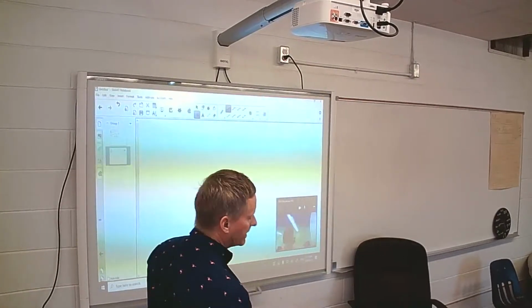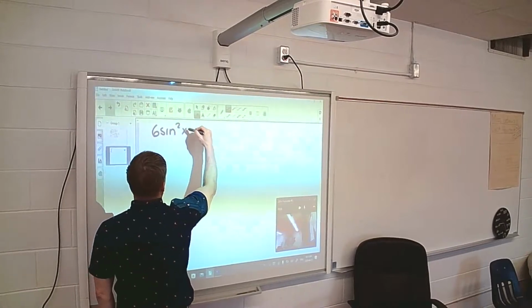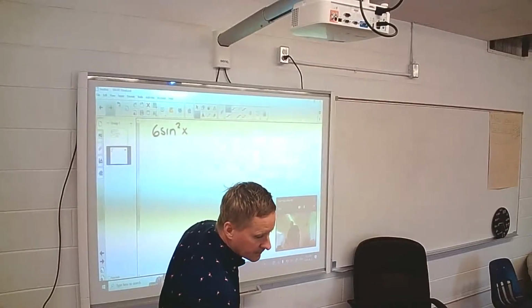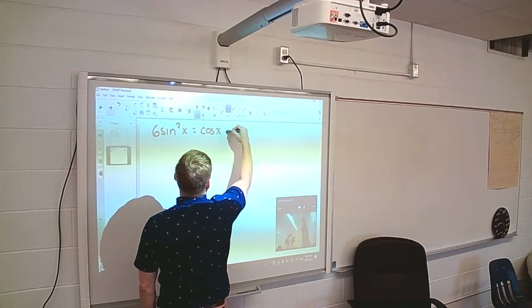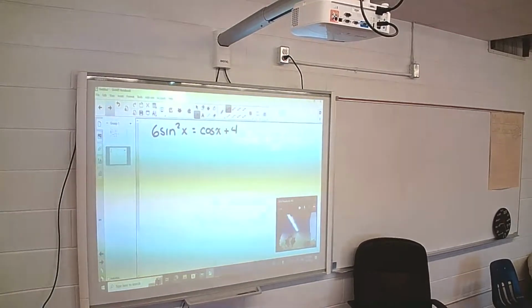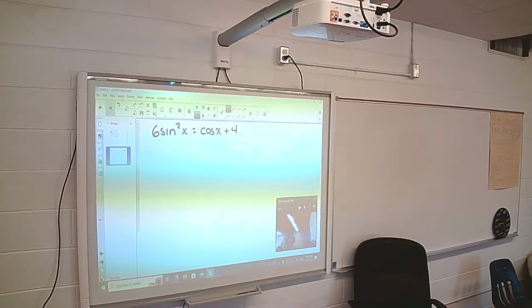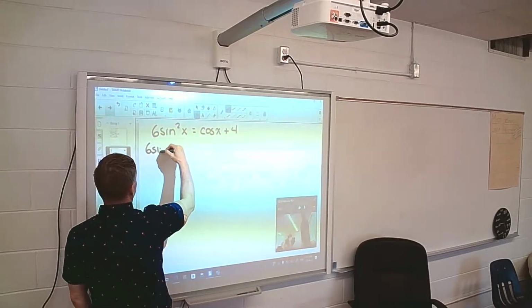Okay, so now I have 6 sine squared x is equal to cos x add 4. So again, I would get everything equal to 0, but I have an issue. What's the issue?